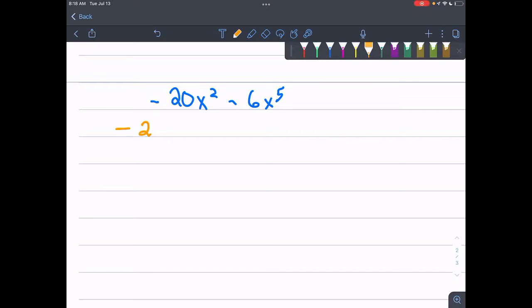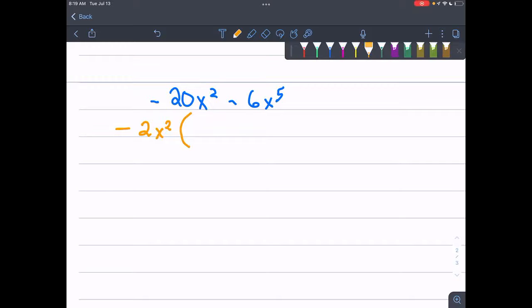How many x's can we take out? X squared. Okay, so 2 is the largest thing that we can take out. We can't take out 3 from both because 3 doesn't go into 20. Can't take 6 out of both because 6 doesn't go into 20. So 2 is the largest thing.